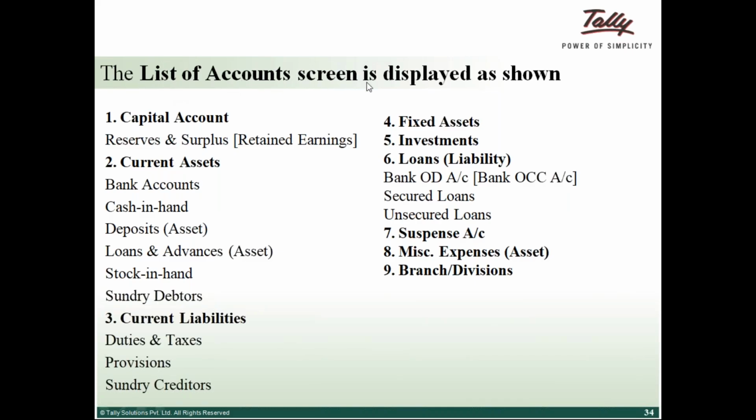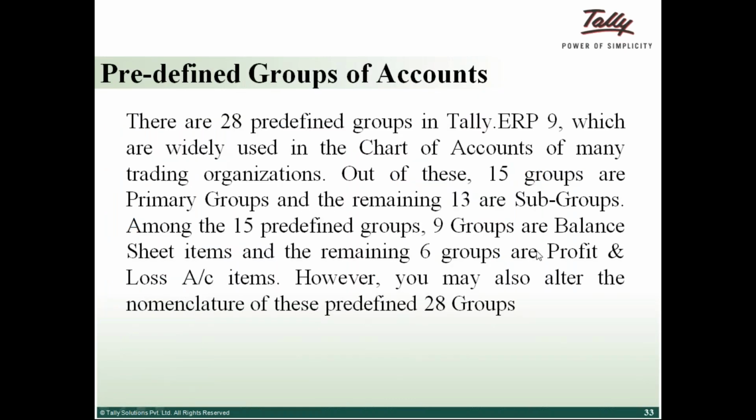The list of accounts screen is displayed as shown. The capital account gives the reserves and surplus. So these are the bifurcations. You see here, what are the 9 groups? Okay, the predefined groups are 15. Out of the 15 groups, 9 groups are related to the balance sheet.